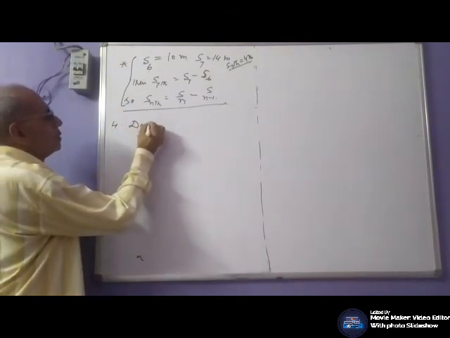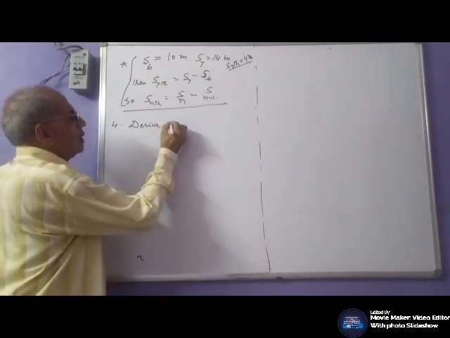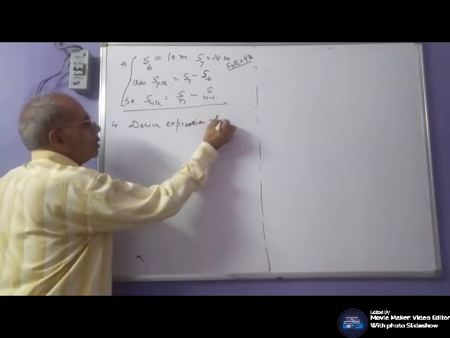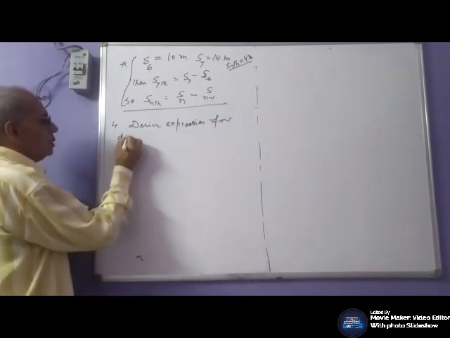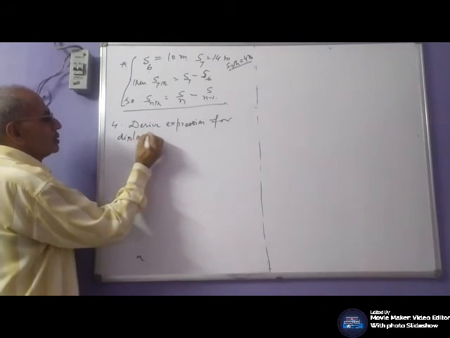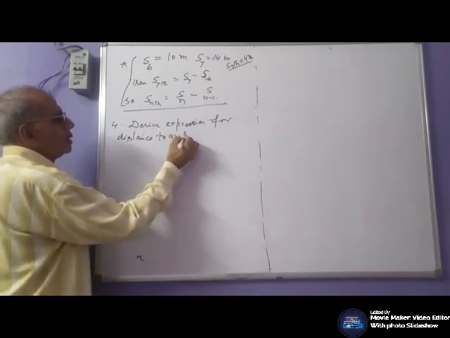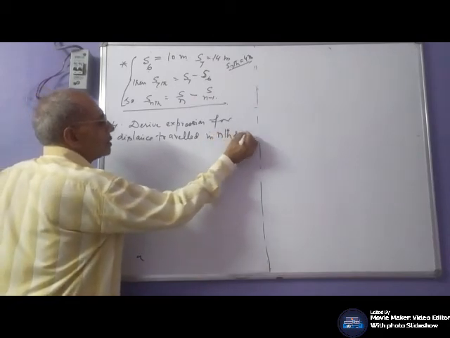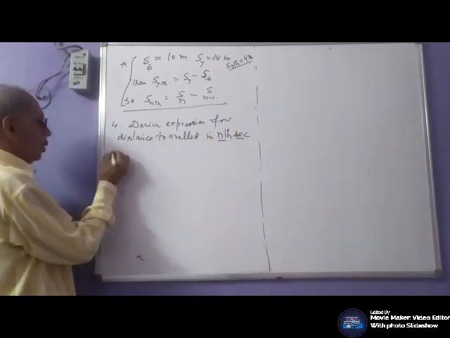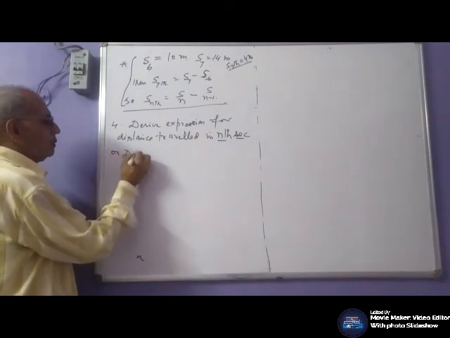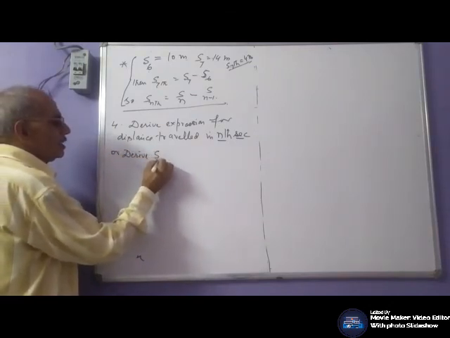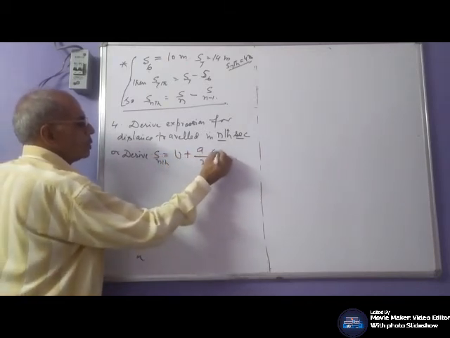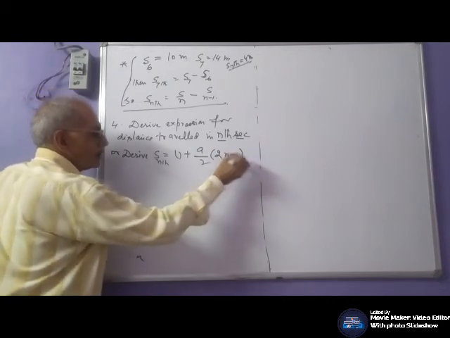Derive expression for distance traveled in nth second, or derive Snth equals u plus a by 2 into 2n minus 1.